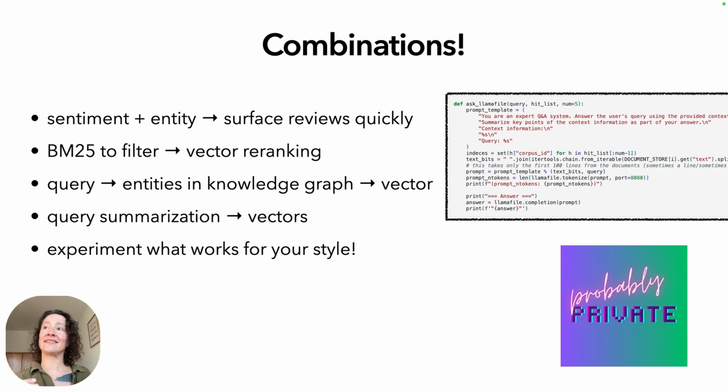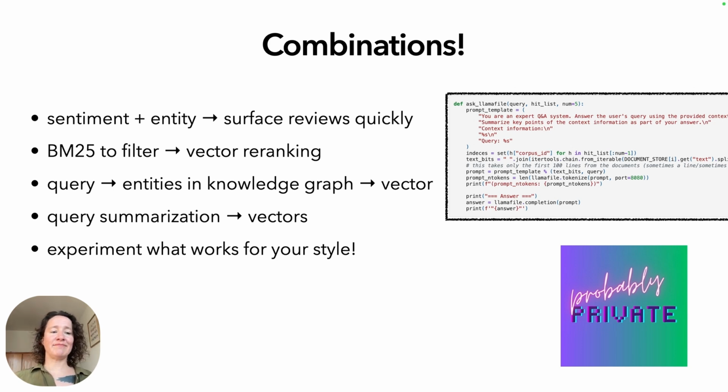How does this document describe this entity? Is it in a positive way or a negative way? And that can help you surface reviews. So if you wrote a bunch of your own movie reviews, that's a really great way to see, you know what, I actually don't really like movies with this actor or this director or whatever, right? That could be one cool thing you build for yourself.